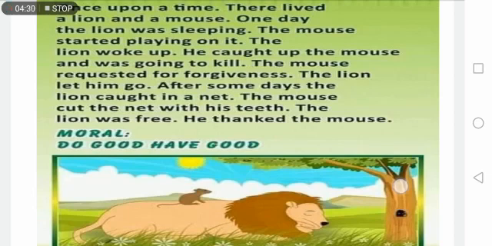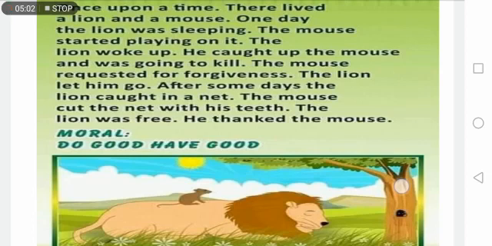It is telling the events in sequence, in order. That is, there was a lion and a mouse. One day the lion was sleeping, the mouse was playing, then the mouse was going to be killed by the lion, and the mouse requested forgiveness from the lion, and the lion let him go.